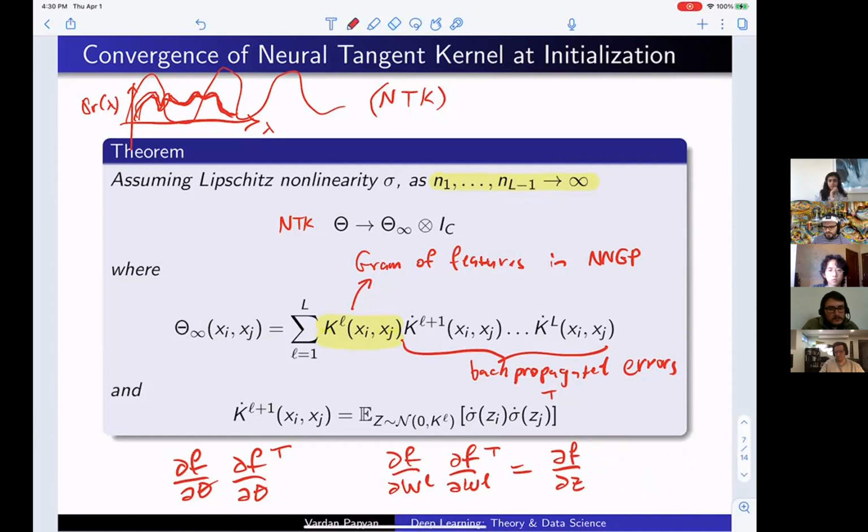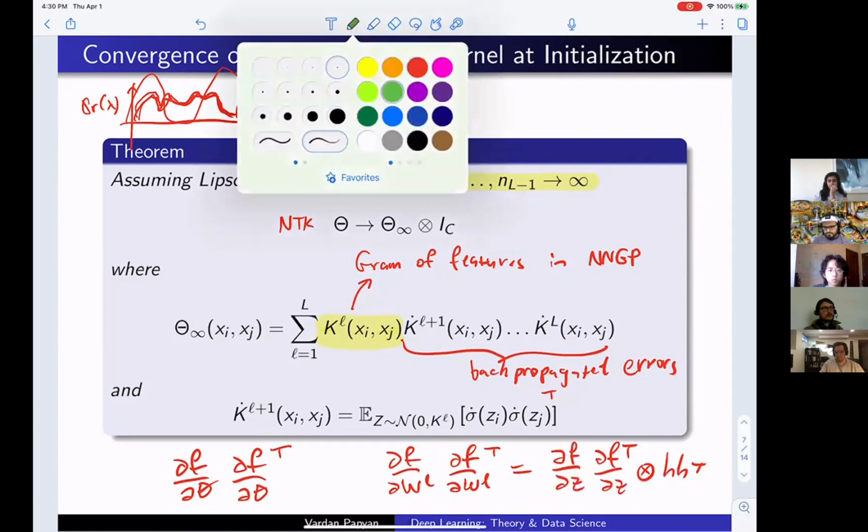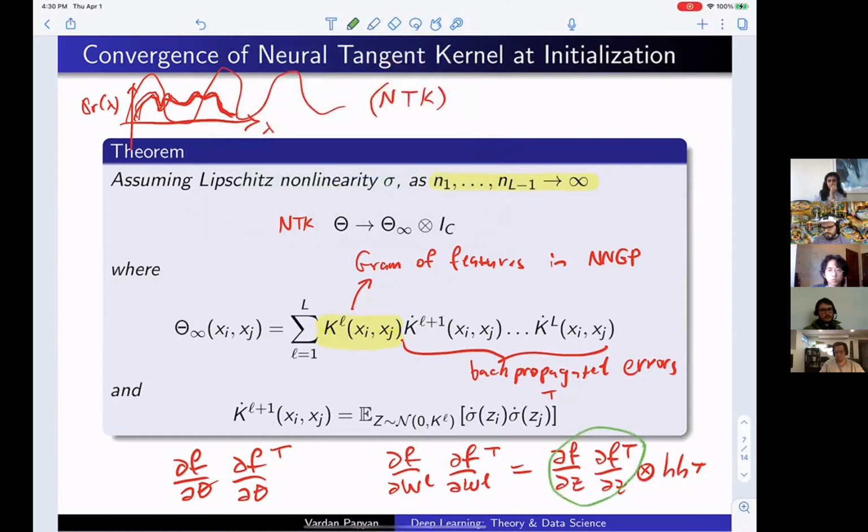Basically, you can show that it becomes df/dz transpose, Kronecker, H transpose, up to maybe switching the order of the tensor product. And so this thing corresponds to this quantity, and this thing corresponds to this quantity. That's what I was trying to say earlier.